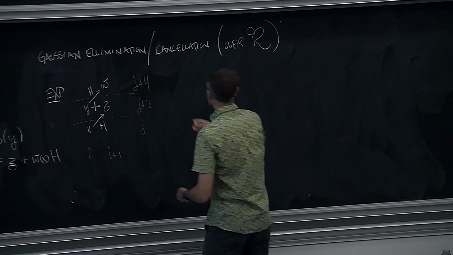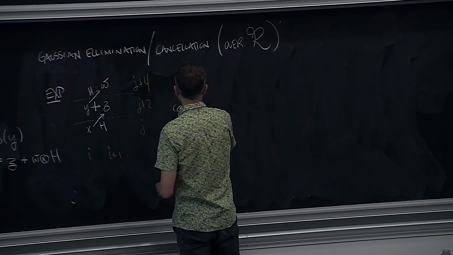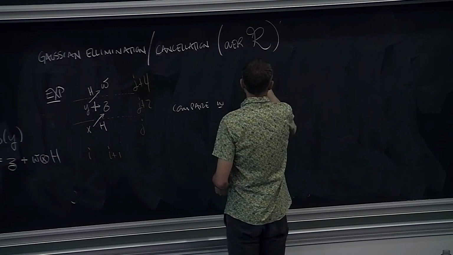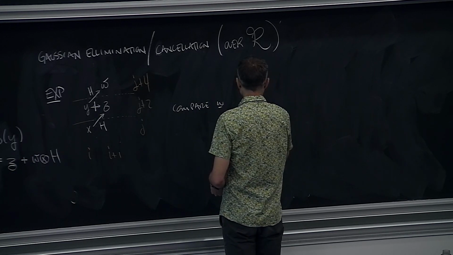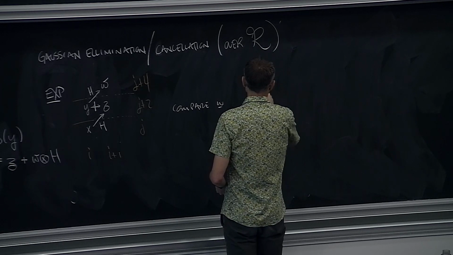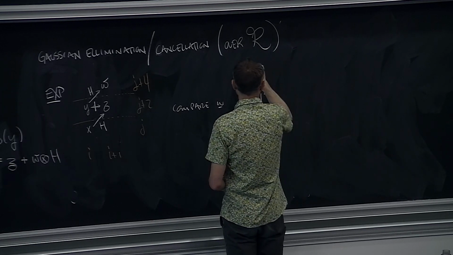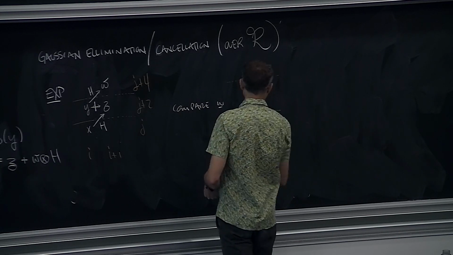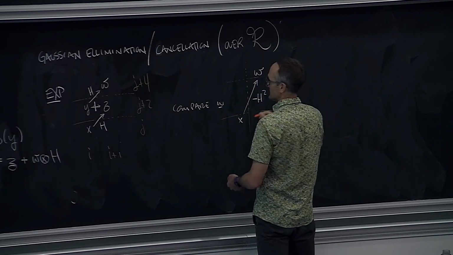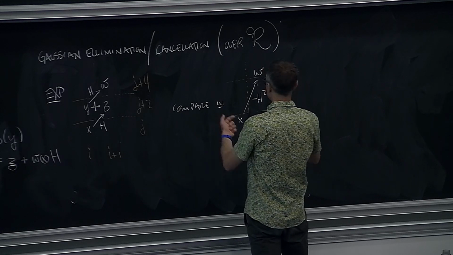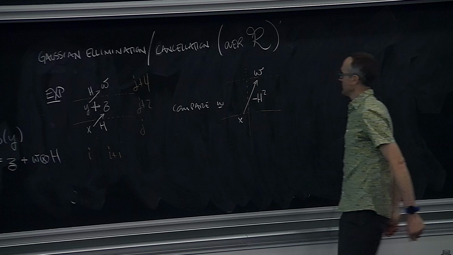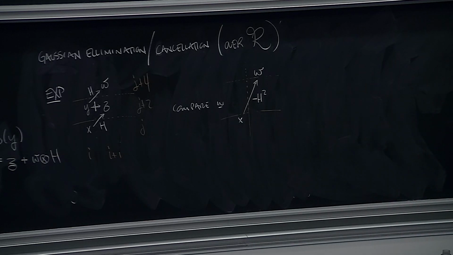So what I want to compare to is the complex that just has x and w and a single minus h squared. I'm going to stop adding the dotted orange arrows.